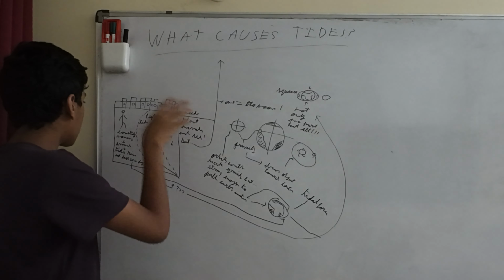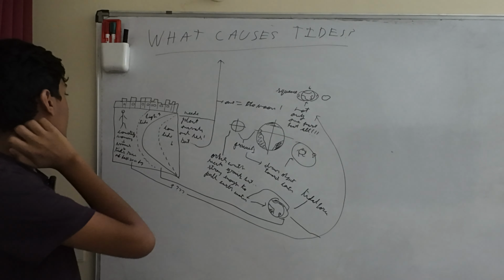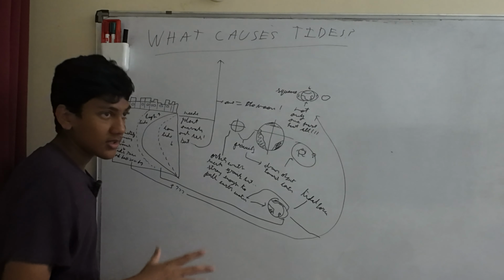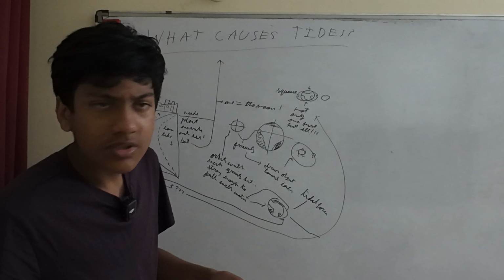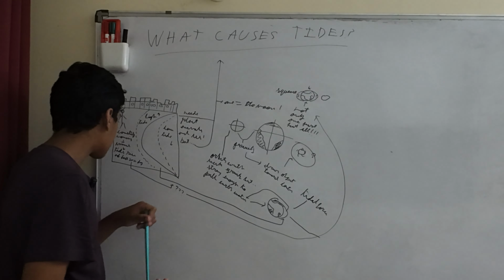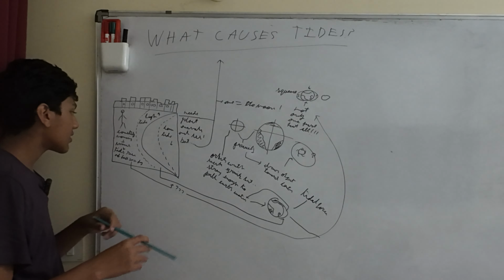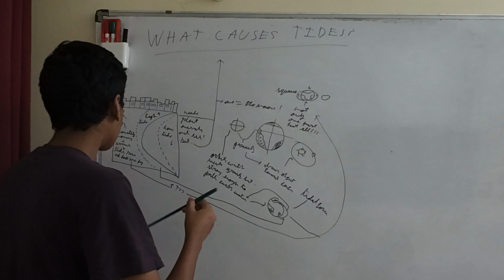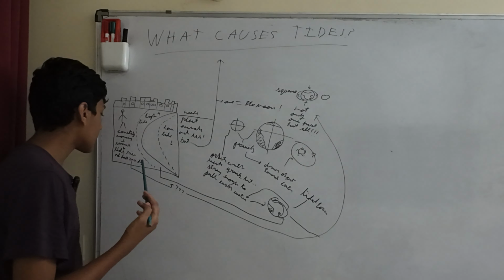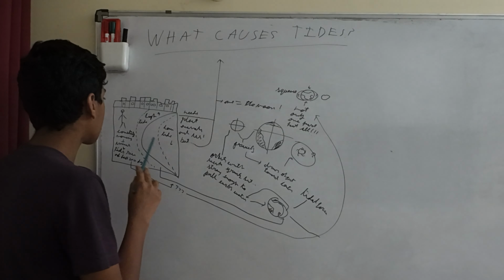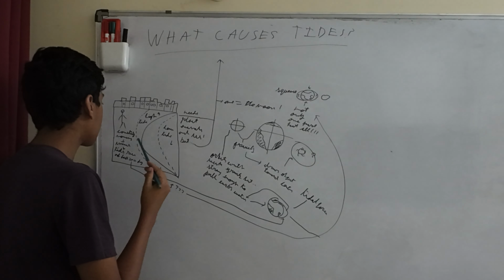So that's basically how the tides move back and forth, because the entire ocean is always in constant movement, and due to the waves moving the ocean, it also moves the tides. What the tides are is basically the rise and fall of the ocean on the beach.